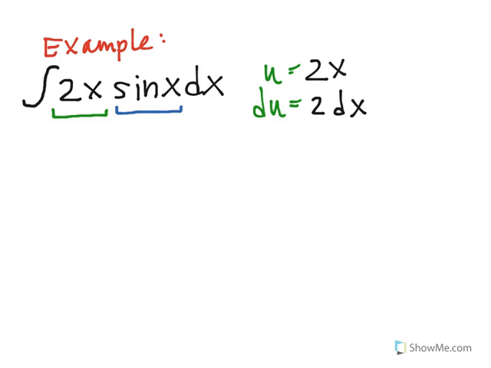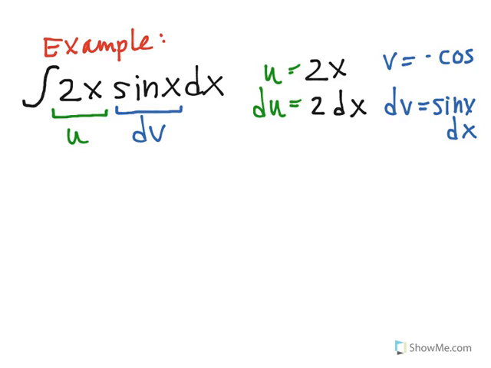Then the other part is dv, and that's the sine x dx. So we know what dv is. Then just do simple integration, so v is negative cosine x, the term whose derivative is sine x.